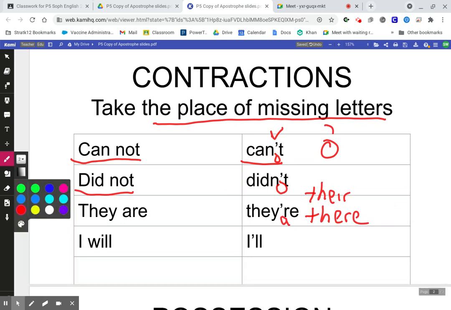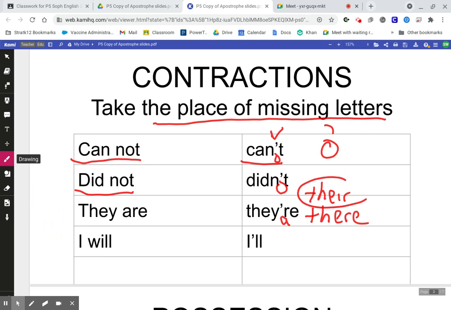Their is possessive. It's like, I wanted to fix their grades. And there, the other one, is a place. So notice they are with the missing letter sounds just like there, but it's a different word. Very, very common mistake. If you can fix that in your writing, that would be terrific.